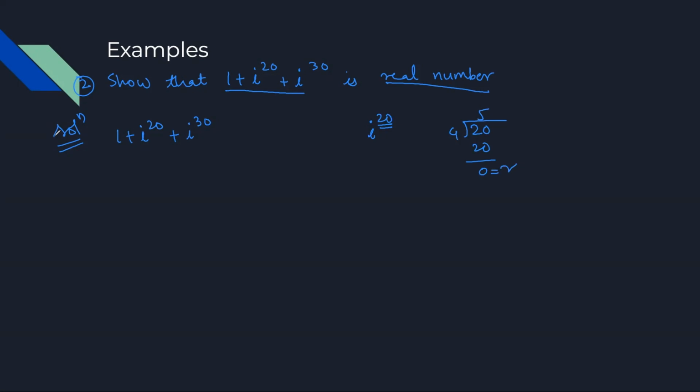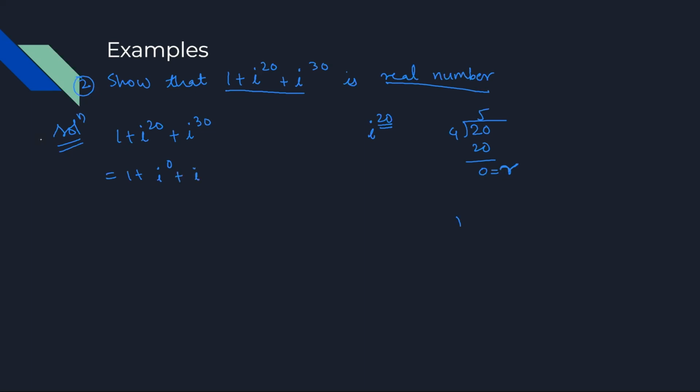So therefore, 1 plus i raised to 20 can be written as i raised to 0, because we know that the remainder is 0, plus i raised to power 30.